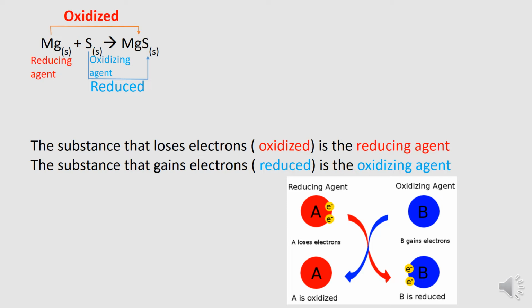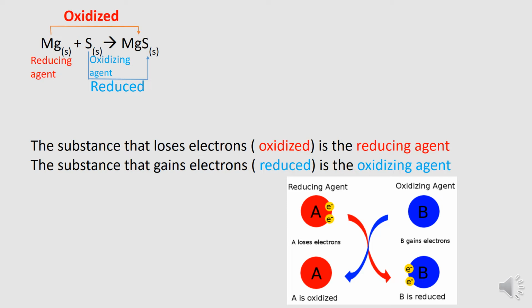Now we want to explain what we mean by reducing agent and oxidizing agent. In the same equation, magnesium plus sulfur gives magnesium sulfide, magnesium loses electrons, so magnesium is oxidized.